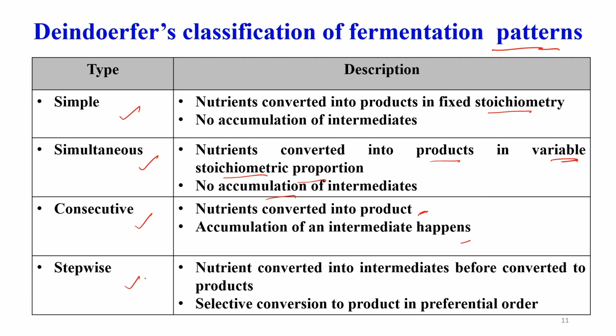The fourth one is stepwise, where nutrients are converted first to intermediates and then to the product. Here selective conversion of product may also take place, meaning all the intermediates may not be converted to the product. So, these were the product formation kinetics based on the unstructured kinetic model.